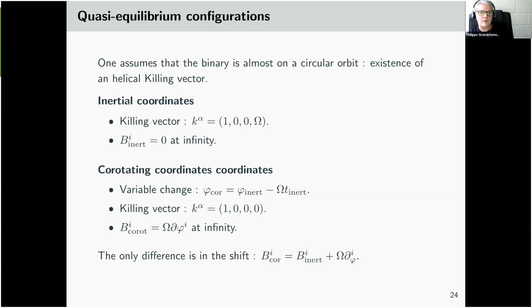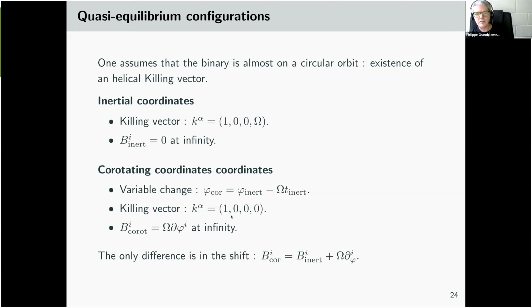I'm not going into too much detail here, but essentially you have two sets of coordinates that you can consider. Either you're working with inertial coordinates. In that case, you have a Killing vector, which has this expression here. So moving with time is the same thing as rotating around phi. The fact that these are inertial means that the shift goes to zero at infinity. But you can also consider co-rotating coordinates where you move with the black holes.